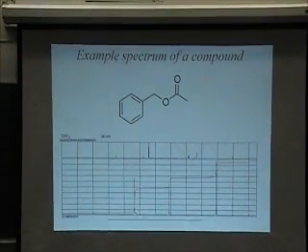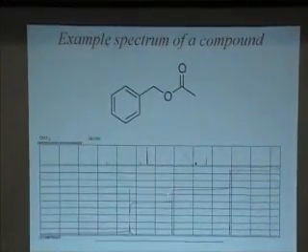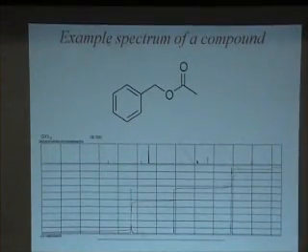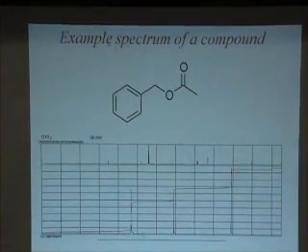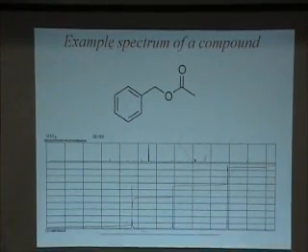From here to here, the height is 5 units, from here to here it's about 2 units, and from here to here it's about 3 units. So you look at the integral under each peak, and the relative ratios of those integrals give you the number of protons from which that peak is originating. This is the first rule of assigning different peaks to different functional groups.